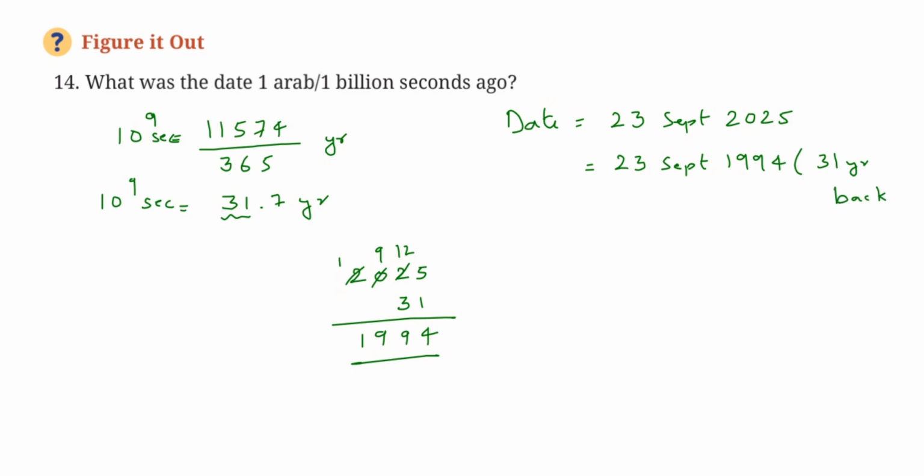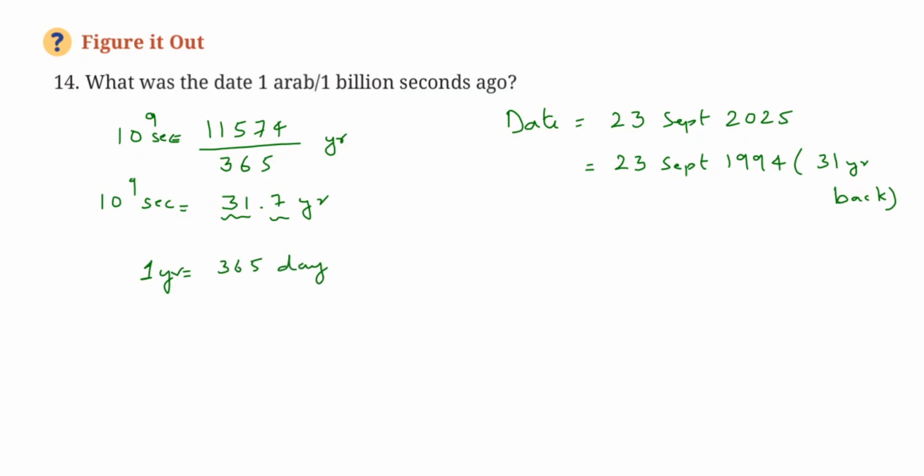Now I have to go back another 0.7 years. We have to convert 0.7 years to days. How to convert this to days? You have to multiply. We know that 1 year is equal to 365 days. Therefore 0.7 years will be 0.7 times 365 days. You have to multiply these two numbers. Now this will give us the total number of days.